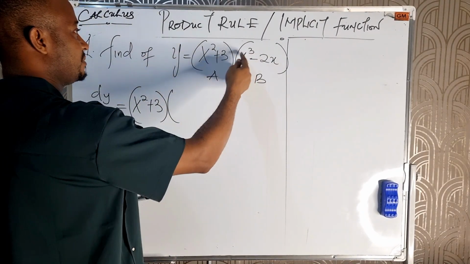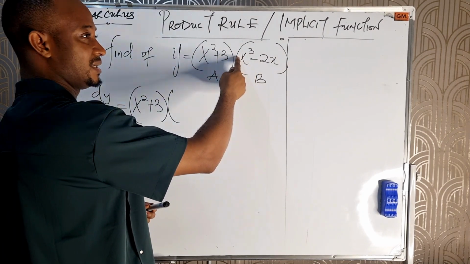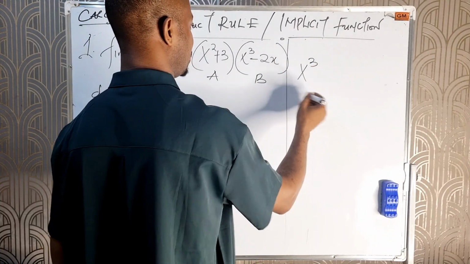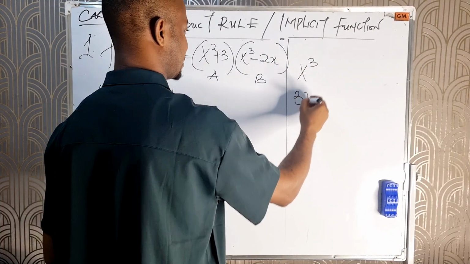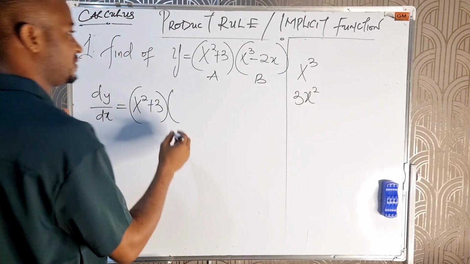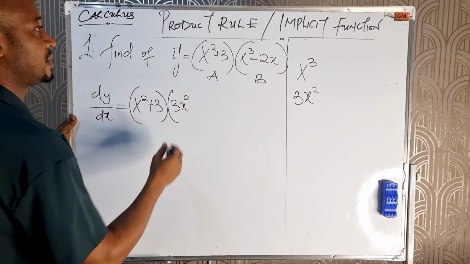So I'll multiply this 3 by 1, the coefficient of x here is 1, right? So 3 times 1 is 3. Then I'll subtract 1 from the power. If I differentiate x cubed, the rule says multiply 3 by the coefficient of x, which is 3x, then we subtract 1 from 3, which is what? 2. So we're going to have 3x squared, right?